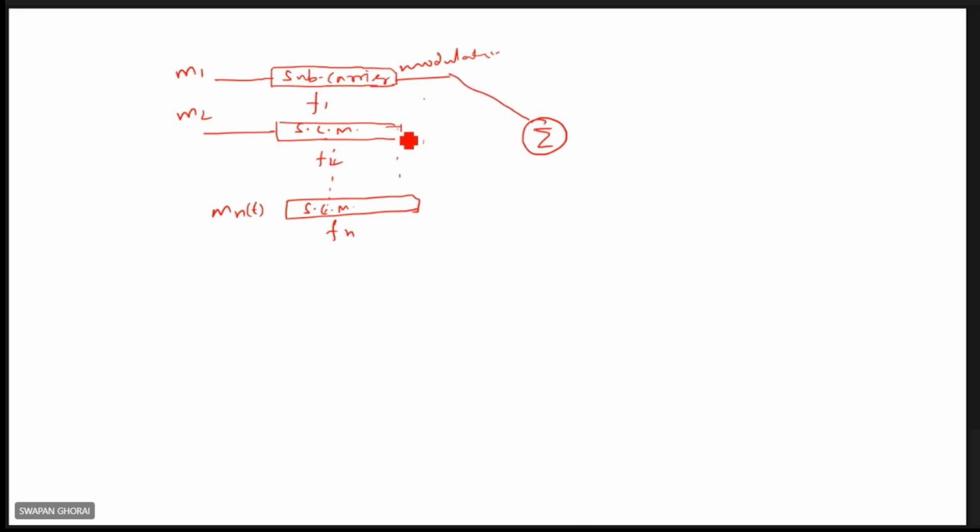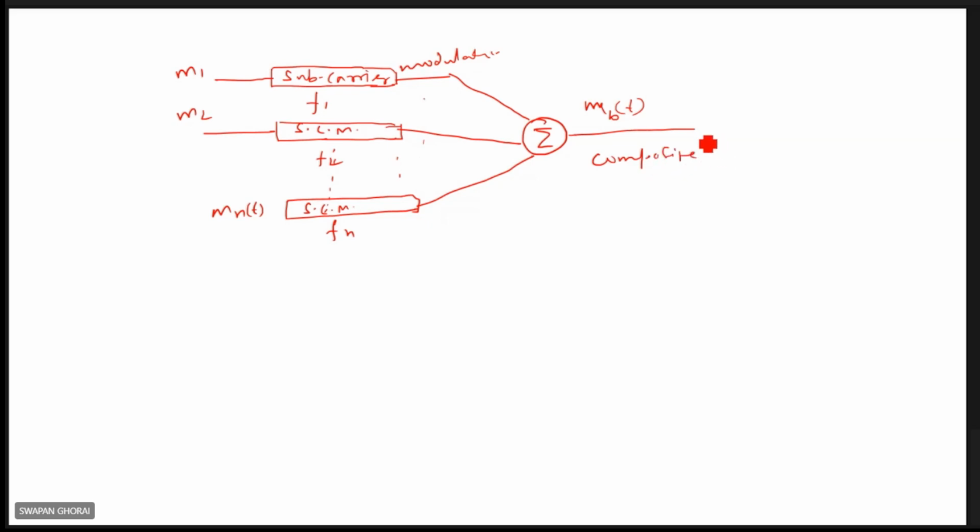See these ones. This one, composite signal. This composite signal is MB. This is the composite signal.